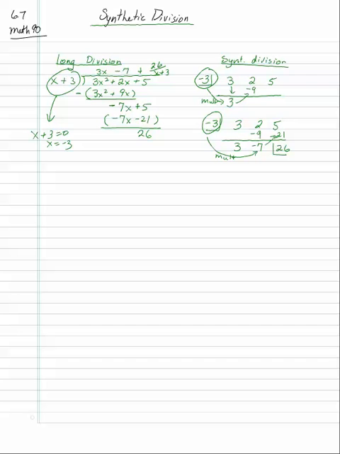And notice, look at my answer over here. I got the 3, see, 3x minus 7, and then the remainder.